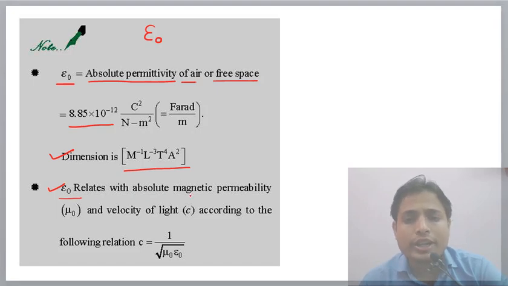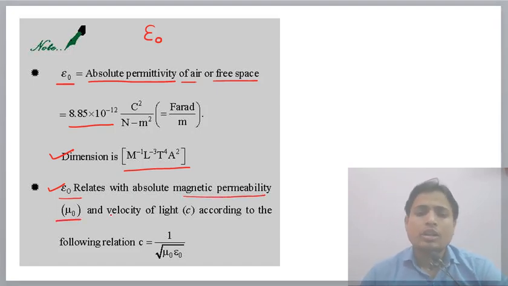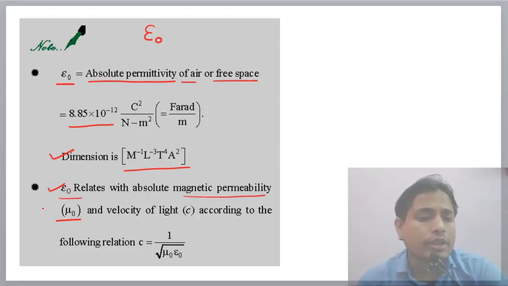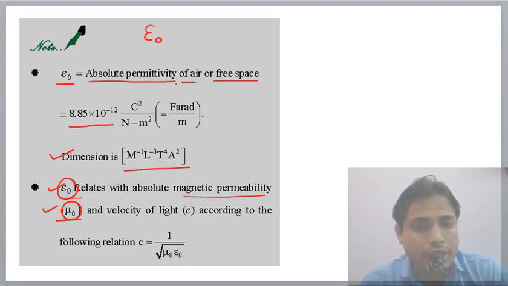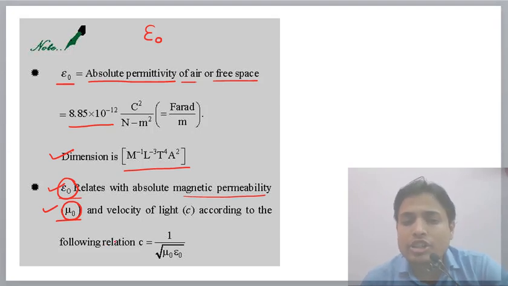Epsilon naught relates with the absolute magnetic permeability. In the magnetic chapter we will also understand one more constant, that is mu naught. One is epsilon naught and the second one we will discuss in the magnetic chapter, it is mu naught, and it is called the magnetic permeability, and epsilon naught is called the absolute permittivity, and the relation between them with the speed of light is this.